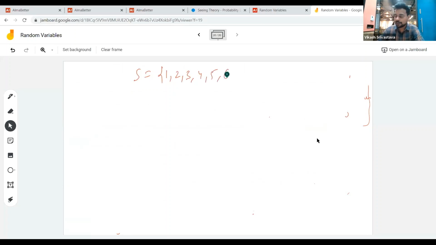And our random variable X is defined in this way: X of 1 is 1, X of 2 is 2, that is the number which comes up. Each of these is a possible outcome, and this is how we are defining our random variable. So for the outcome 1, our random variable will take the value 1. This is essentially a mapping.